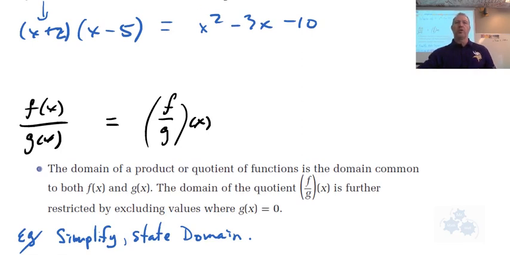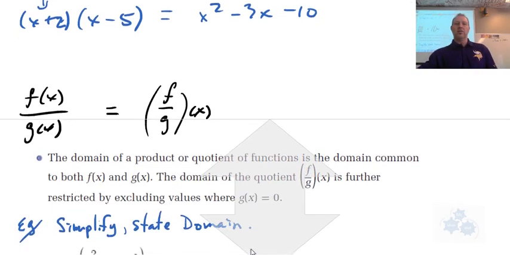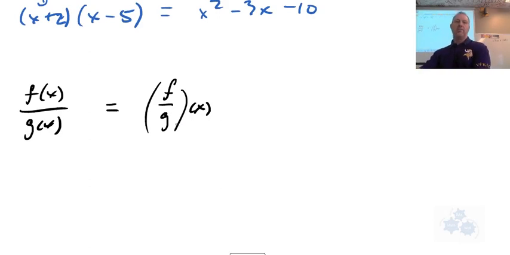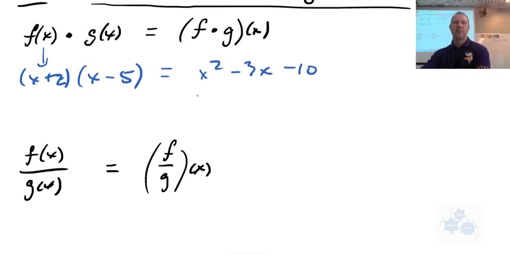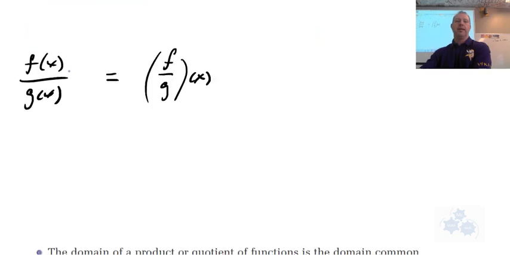We can also do quotient, which, like I said, we studied extensively in Chapter 9. This is the notation, just like we have special notation for the sum and difference of functions and for multiplying of functions. Notice this is a solid multiplication dot. And we can also divide functions.